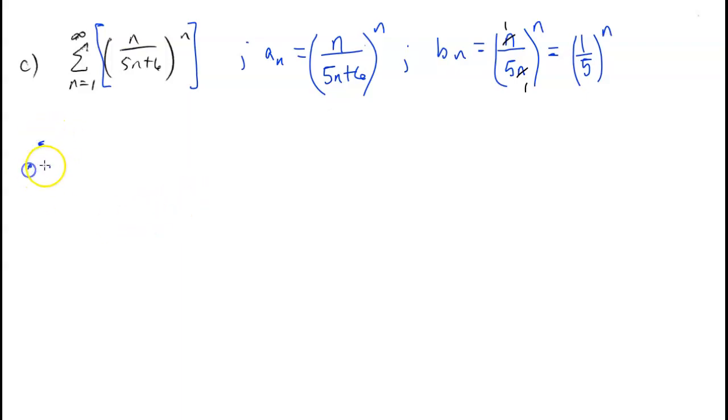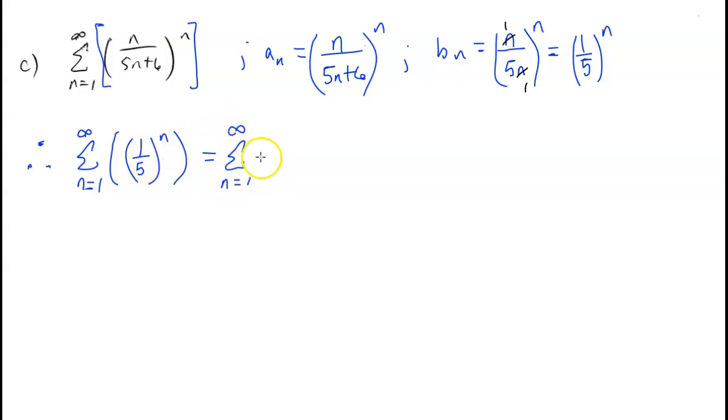So if we consider the series here, where we have 1/5 raised to the n, notice that this particular series looks very similar to a geometric series. Okay, the only thing that's different here is that we would normally have an n minus 1 here instead of an n, and so we can easily fix that by rewriting 1/5 raised to the n as just 1/5 times 1/5 raised to the n minus 1.